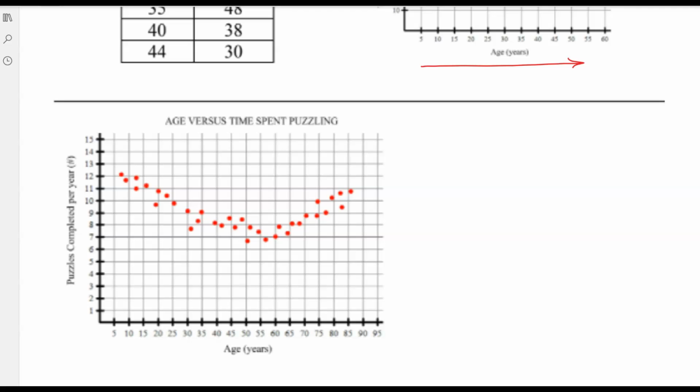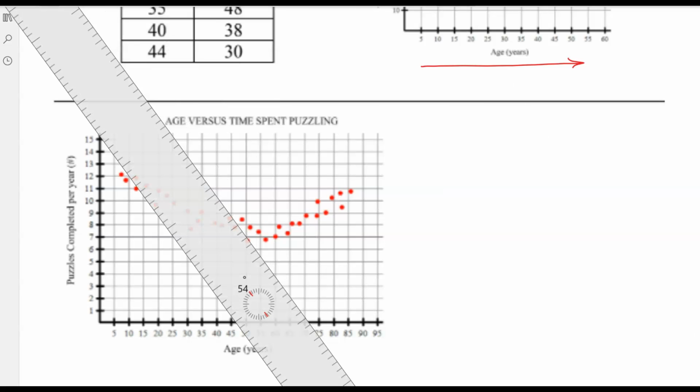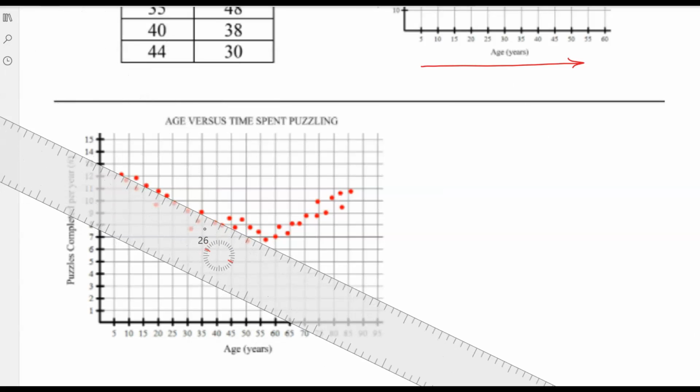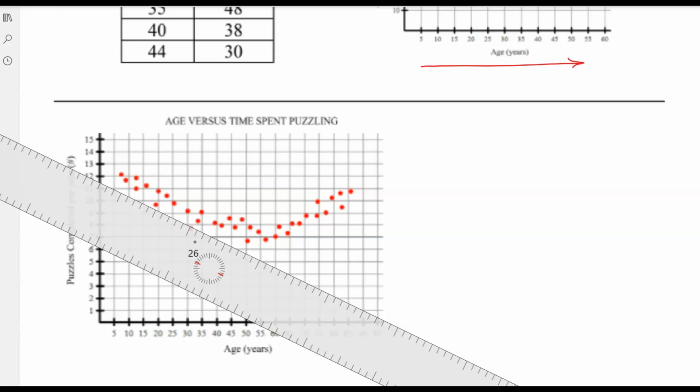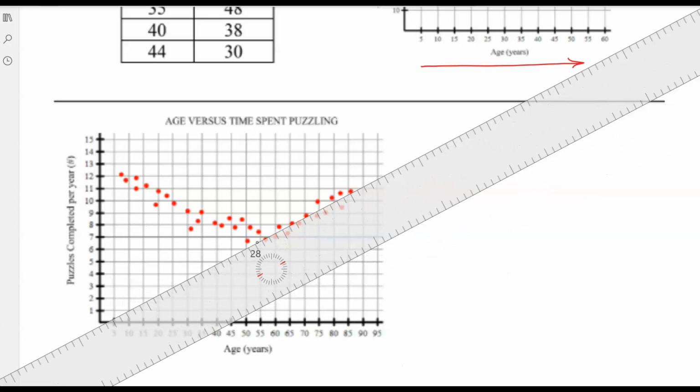So this is not something that we could draw a single line through. If I use my ruler and I try to draw a line, well, maybe I could draw a line this way, and that would show this negative slope right there, but then that ignores the data that's happening to the right side. Or maybe if I drew the line in this direction, then I have a positive slope, but it ignores what's happening for the younger ages.